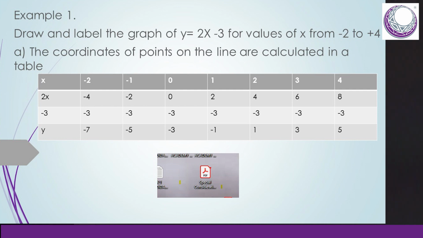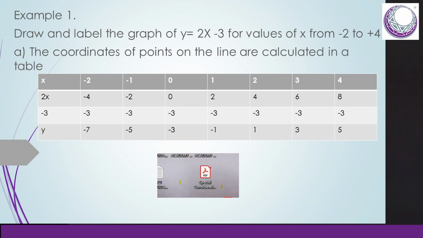First of all, I'm defining the values of x, which are from minus 2, minus 1, 0, 1, 2, 3, and 4. Then I find the 2x, meaning 2 multiplied by the value of x.